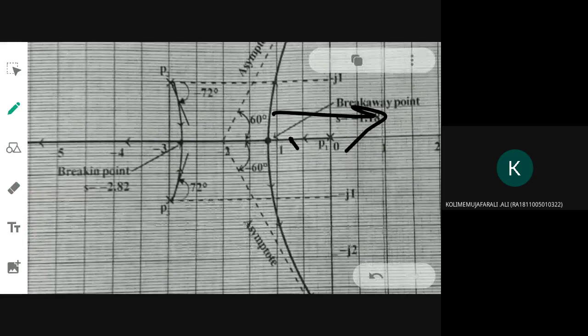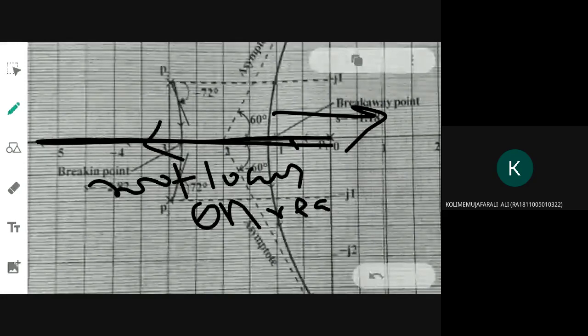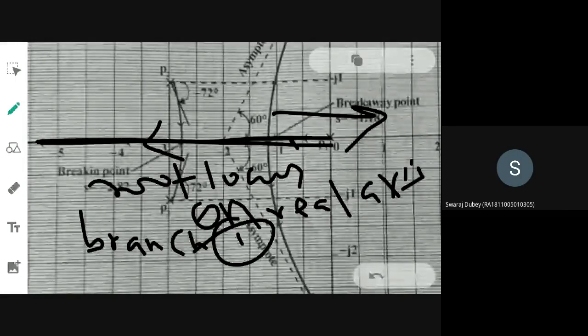So you will thicken the entire real axis like this and write root locus on real axis. Okay, that is the first branch. Understood the second step?